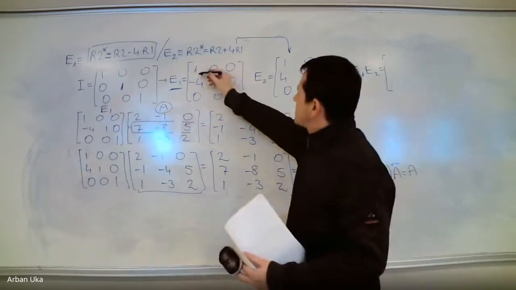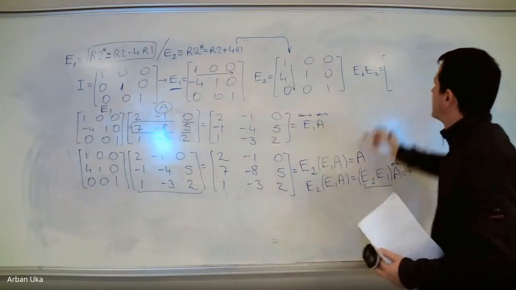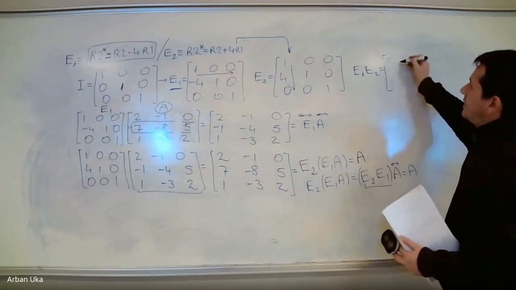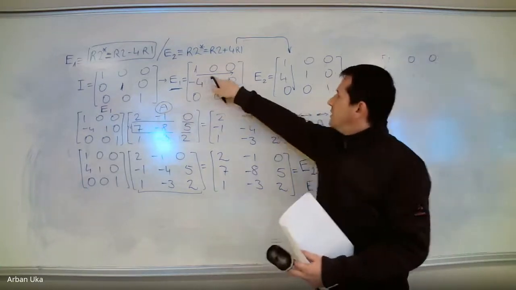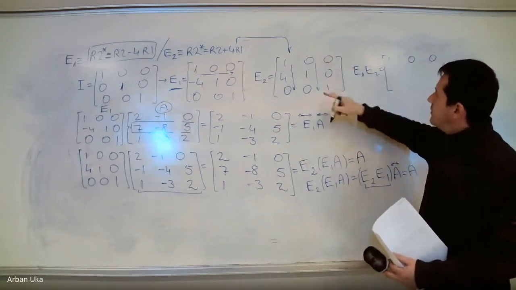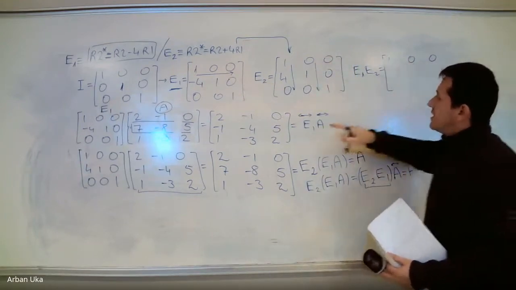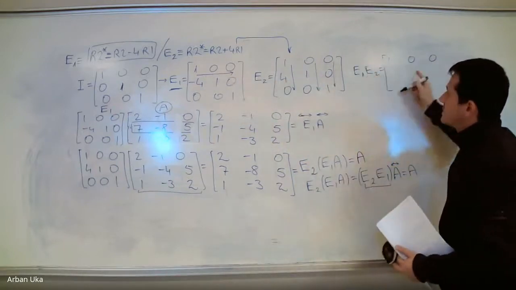We have the first row, we multiply the first column, we get 1 here, and then 0, 0, because we multiply the first row with the first column, we get 0. Then we multiply the first row with the third column, we get another 0.